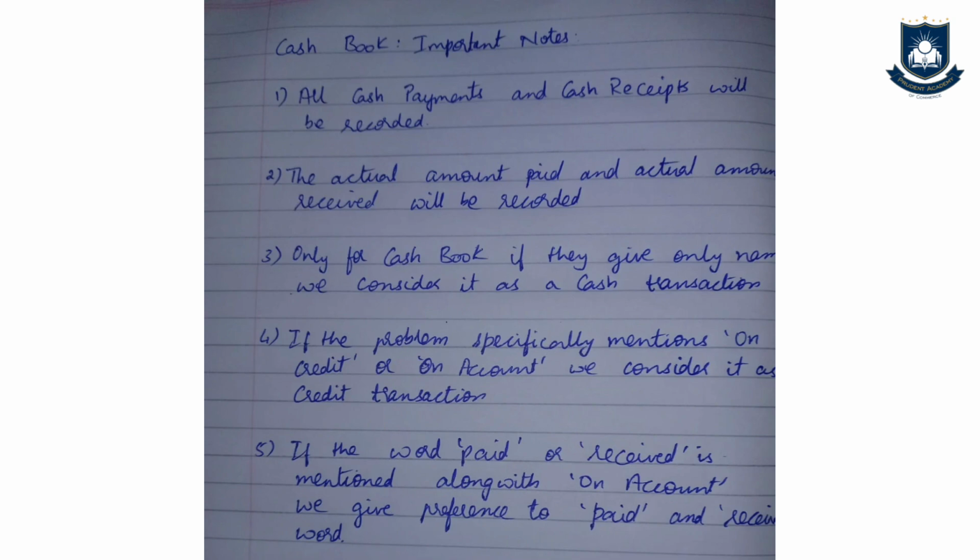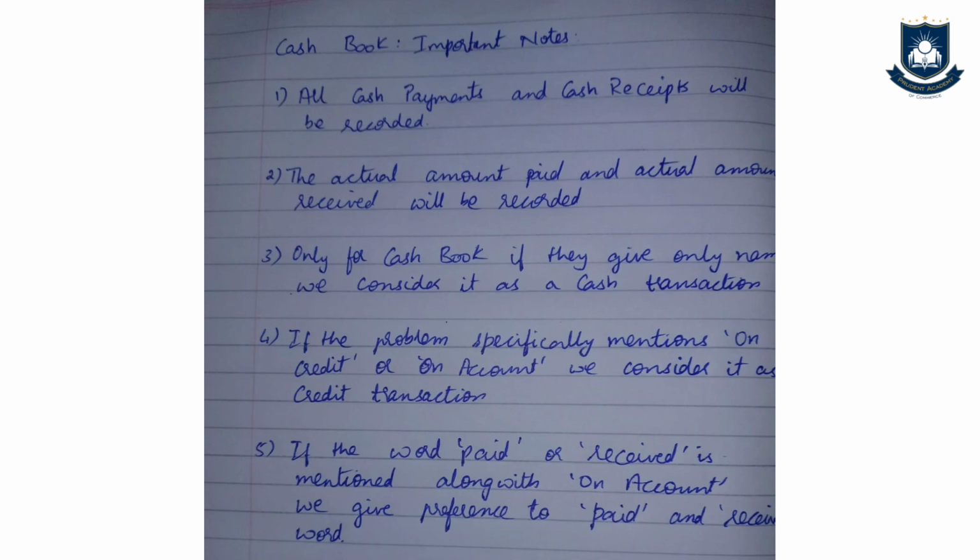Then if the problem specifically tells that a particular transaction is on credit or on account. On account is an alternate name for credit transaction. If they specifically give it is on credit or on account, then only we should consider it as a credit transaction, and we will not record any credit transaction in single column cash book or the 2 columnar cash book.